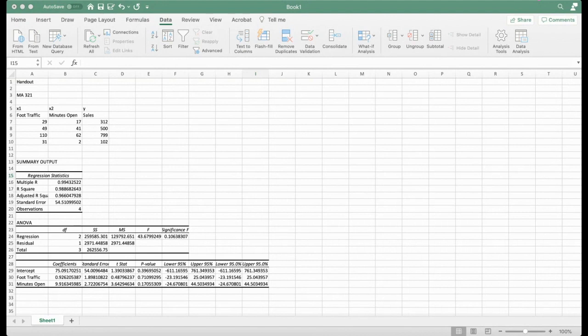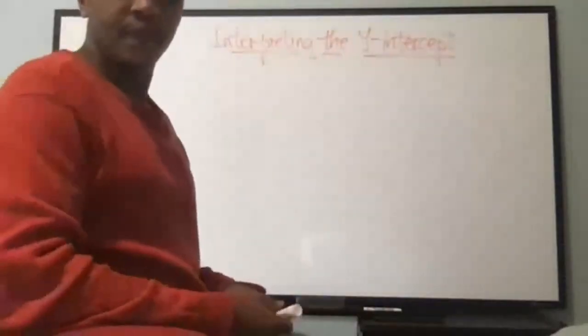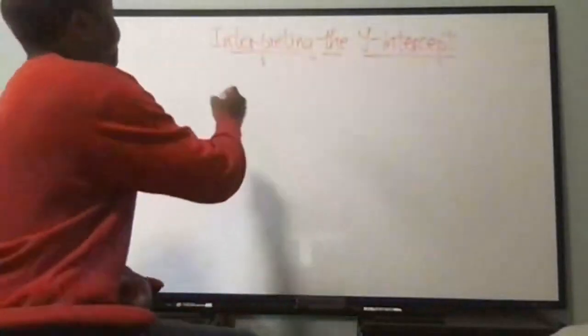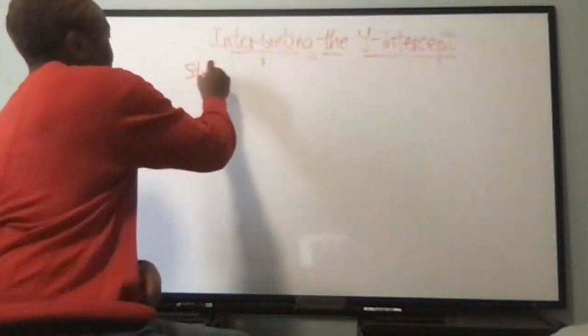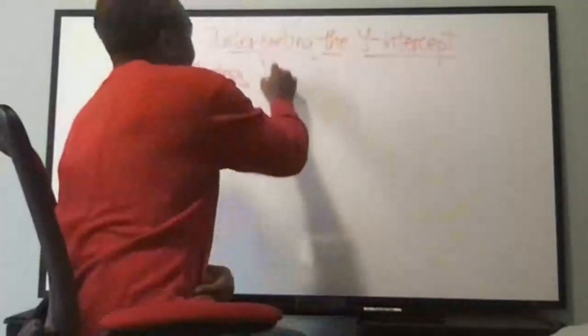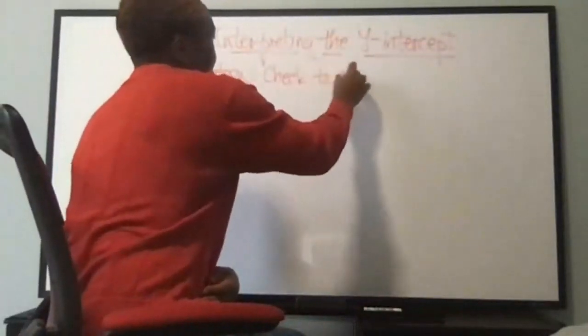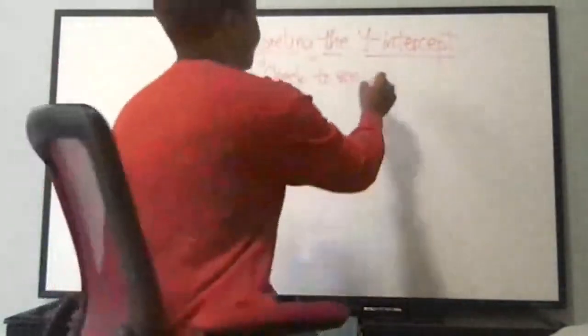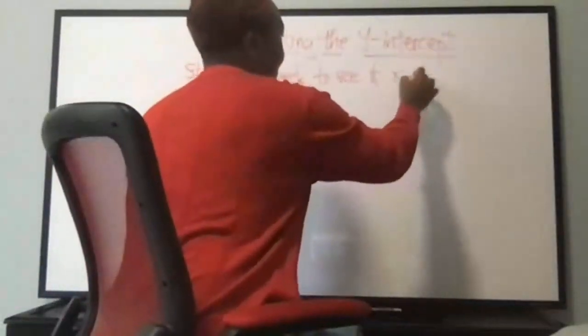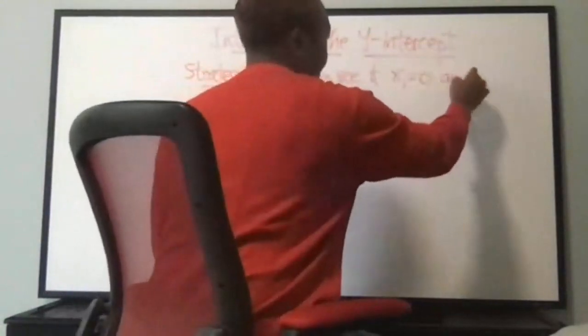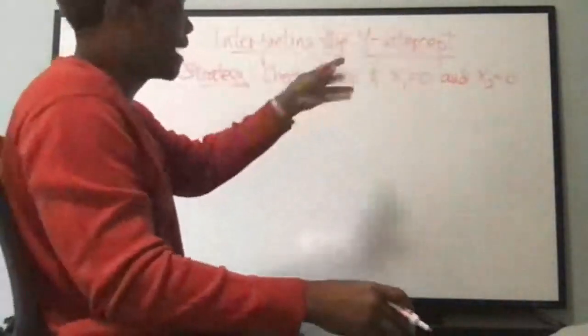So let's say interpreting the Y-intercept. I'm going to say as a strategy: check to see, in this particular case, if x1 equals 0 and x2 equals 0, or x3, depending on how many x columns you have.